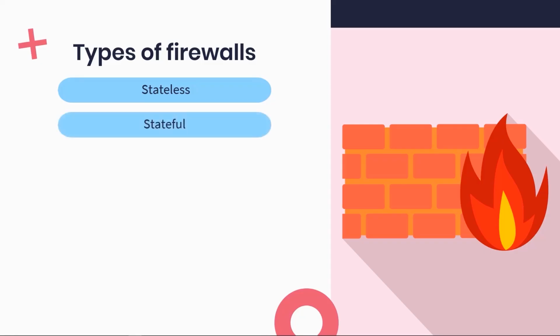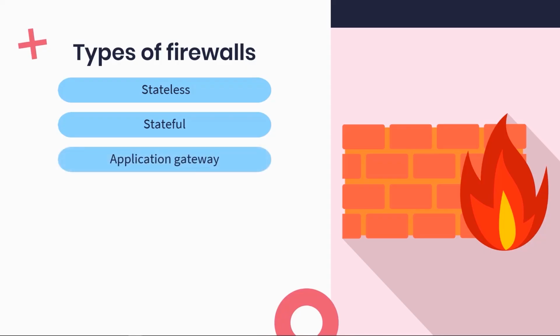Stateful firewalls allow or block based on the kind of protocol and port associated with the traffic, mostly used in a secured environment, and inspect traffic on layer 4, which is the transport layer, and layer 5, the session layer in the OSI model.